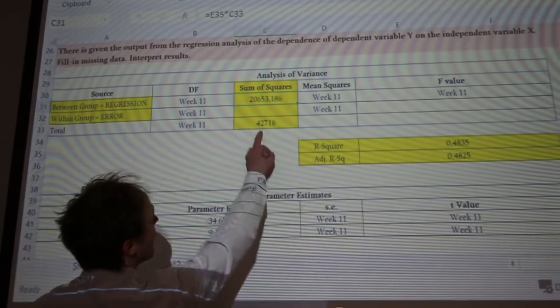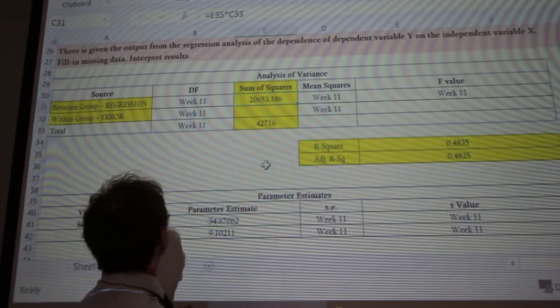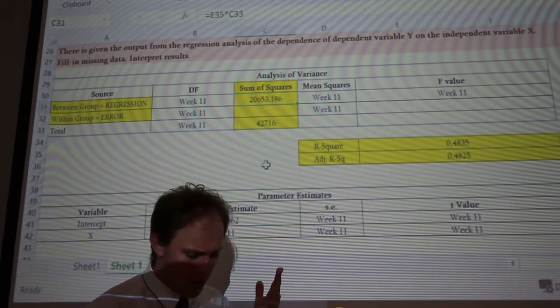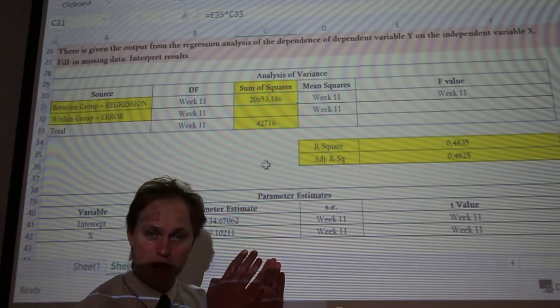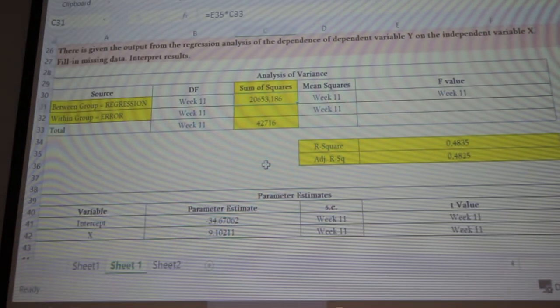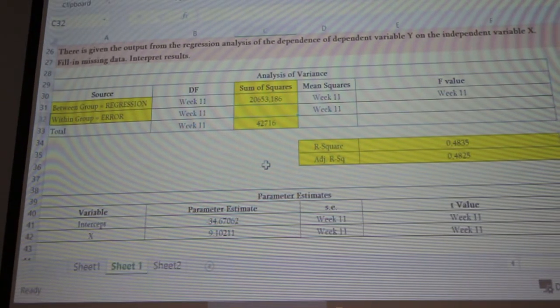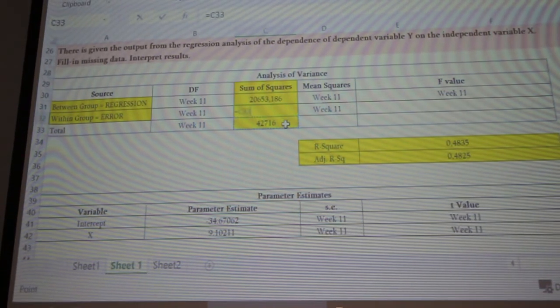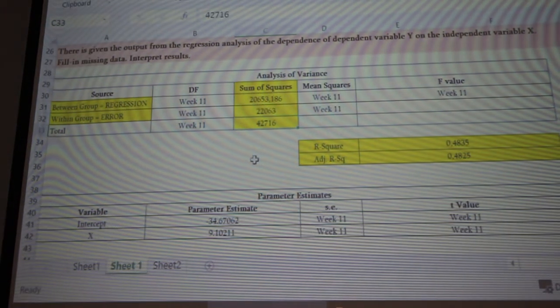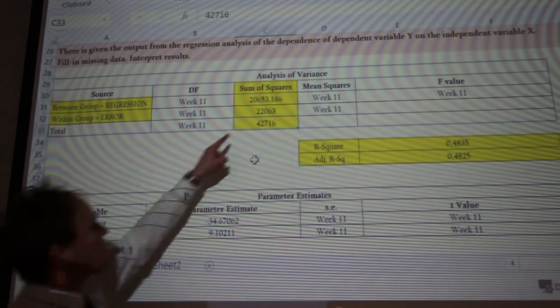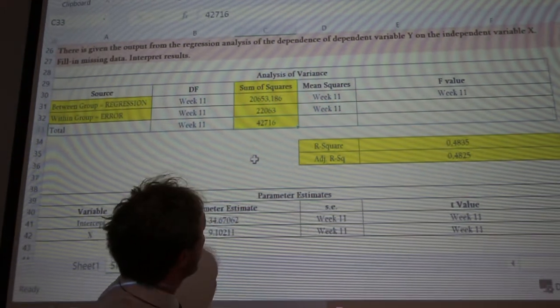And now we know total sum of squares and the regression sum of squares. So total minus regression is error. You can see equal sign, this value minus this value. Enter, and you have here error sum of squares.